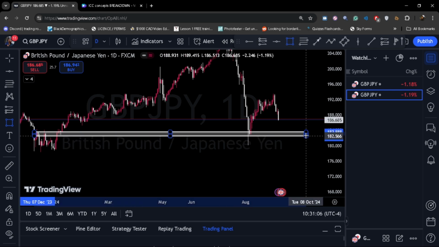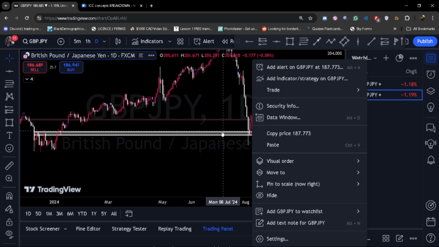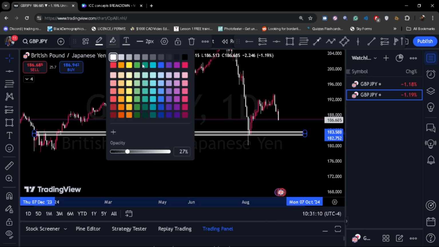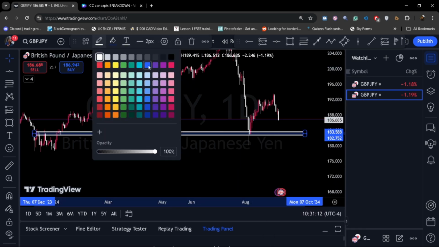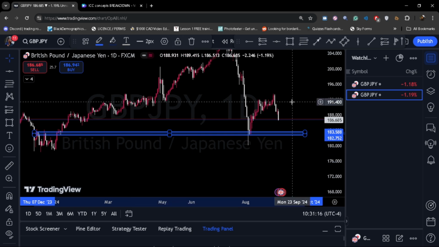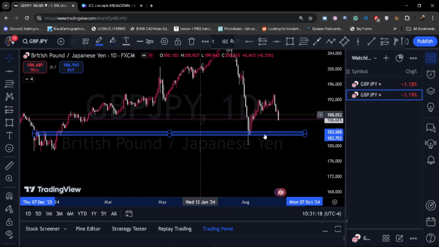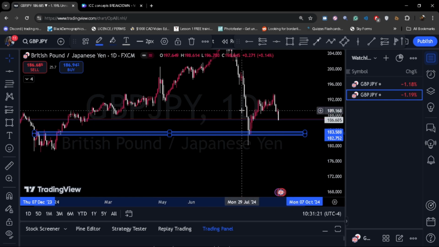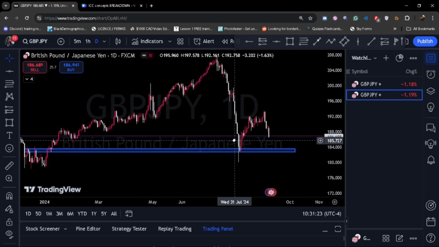And like I told you guys, I like to always color code my stuff. I like to use blue as my daily indication, and then white as my 1 hour indication or support or resistance. So this is one area here.